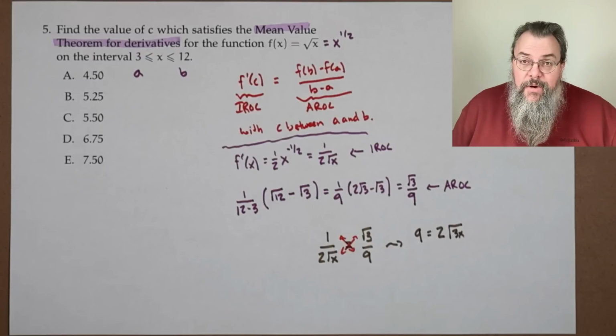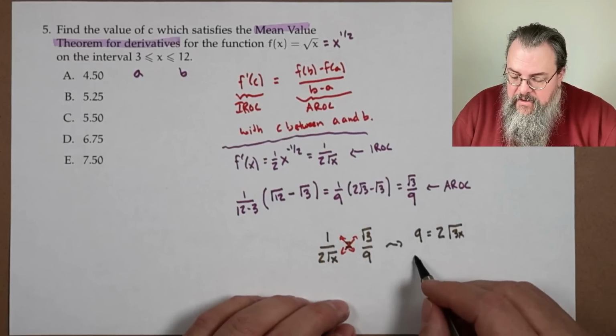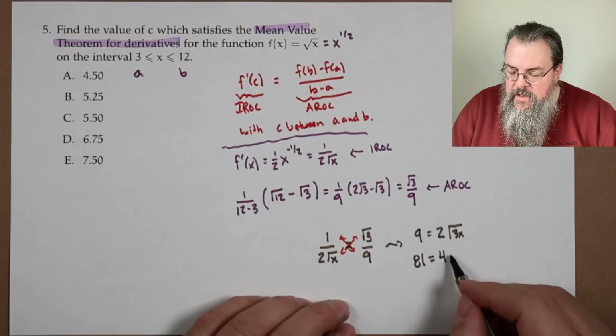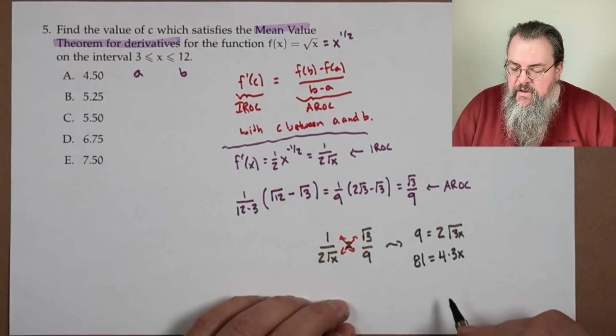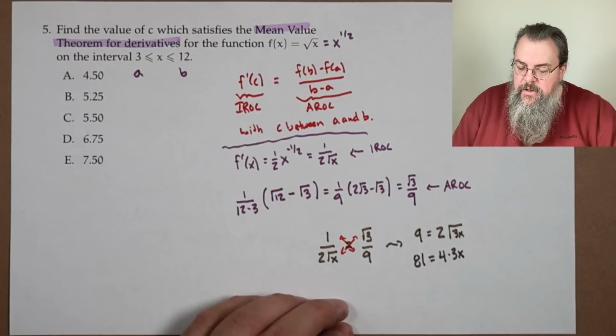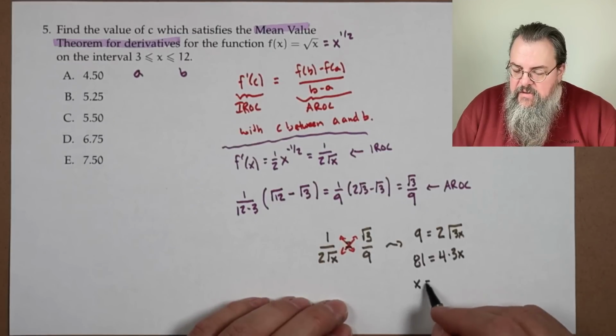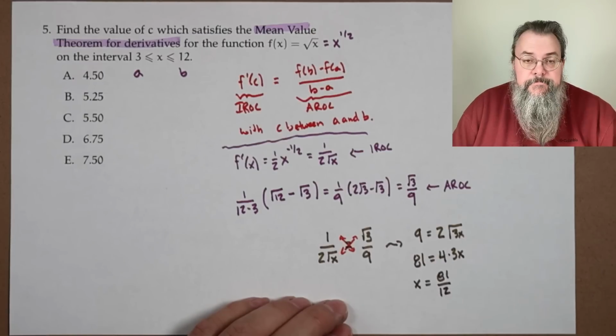All right, well, what can we do here? We can square both sides, and that gets rid of the square root. So 81 is equal to 4 times 3x. And wow, we're almost there. So that tells us that x is equal to 81 over 12.